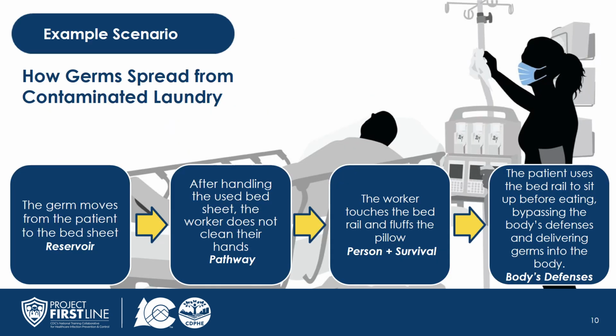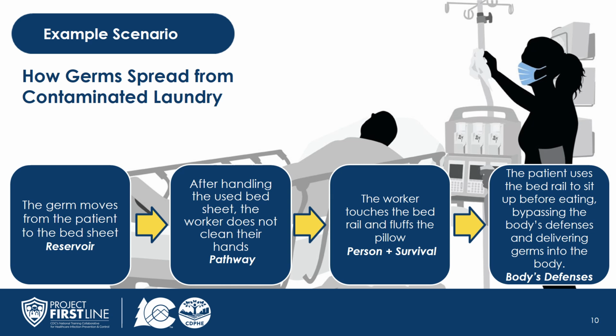Let's discuss an example scenario of how germs spread and make people sick. In this scenario, the germ moves from a patient onto a bedsheet, making the bedsheet a reservoir. Now, let's say a healthcare worker steps into the room to assist the patient with getting comfortable.